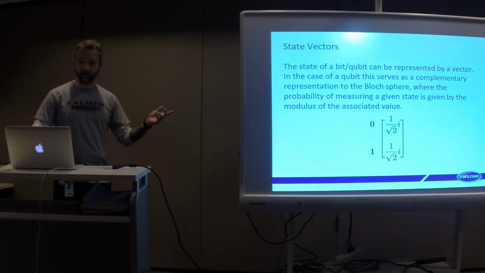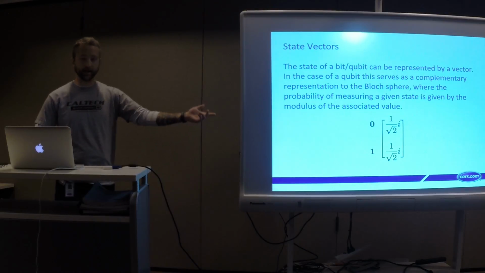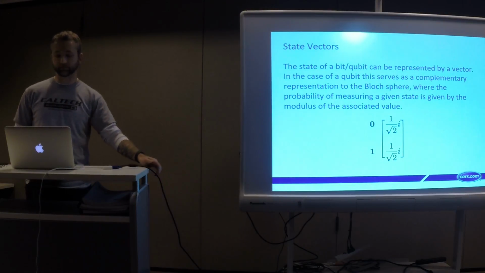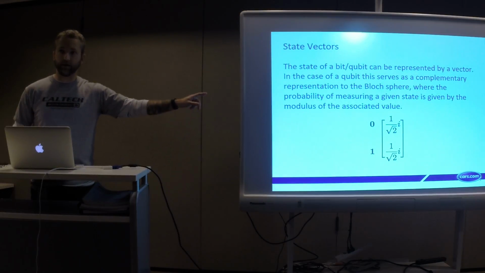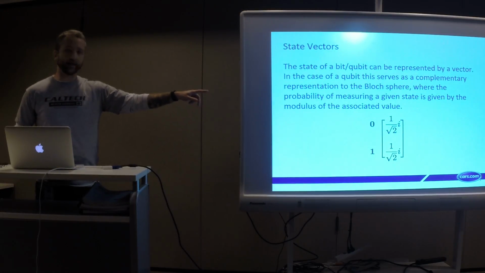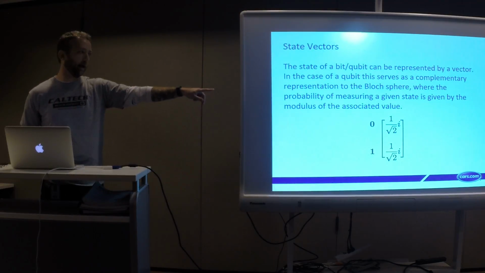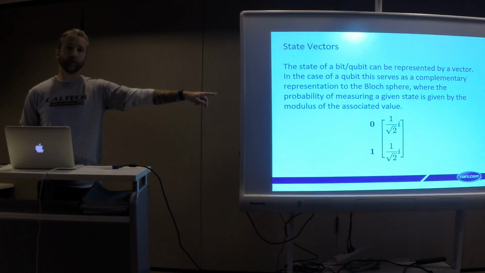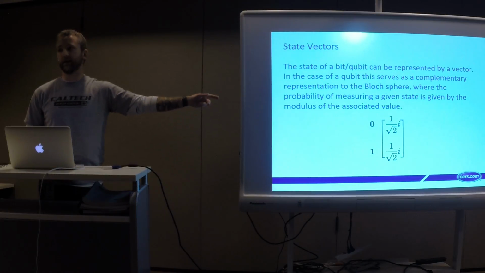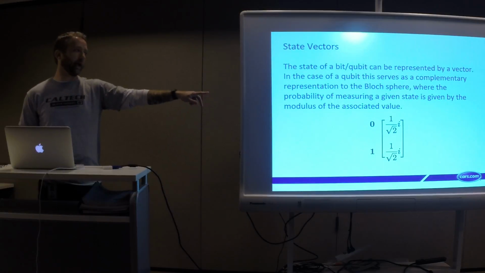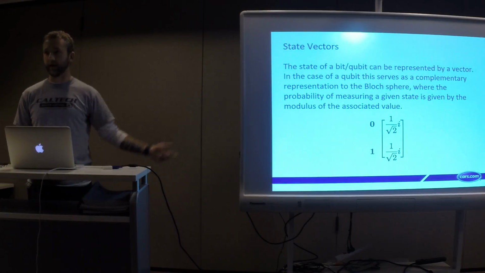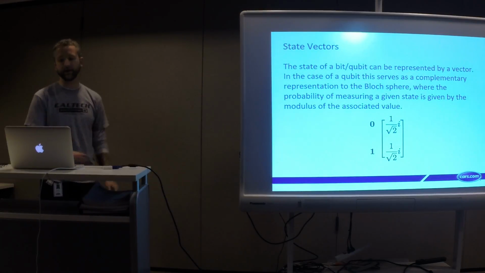The first represents 0, the second value represents 1, and the modulus of this value is the probability that you will measure it. So here we've got 1 over square root of 2i. If we take the modulus of this, the i is going to drop out. We're going to have 1 over 2 for both values. So 50-50 chance of measuring a 0 or a 1.